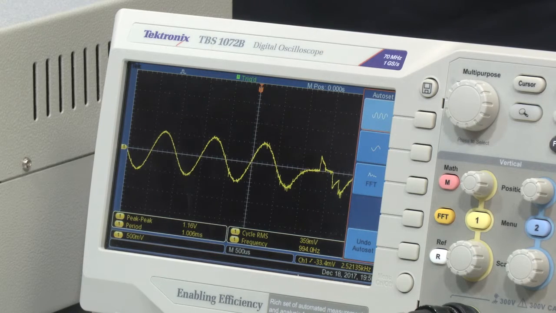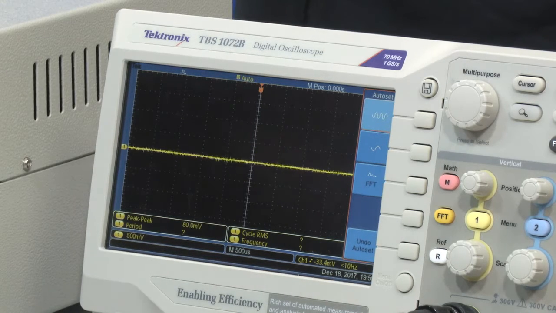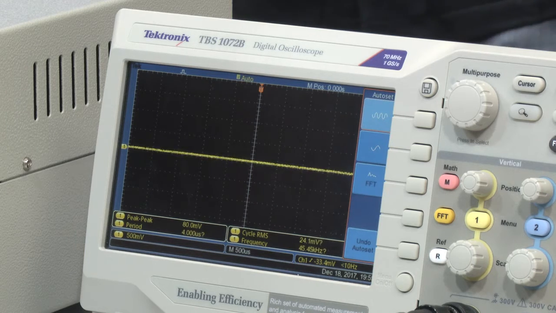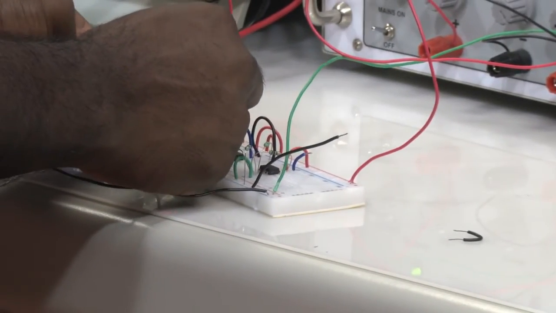Okay. Now, he will apply this signal to V2. So, he is applying it to V2, as you can see.